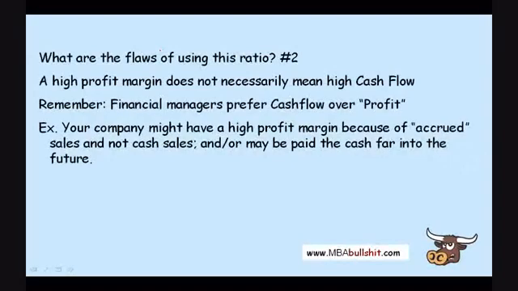Accrued sales means you made the sale, but the customer hasn't paid you yet in cash. If you already made the sale and the customer has not yet paid you, that will still appear as a sale in your income statement. Therefore you might not be able to benefit yet from the cash part of the profit, or you might get paid in cash very far into the future.